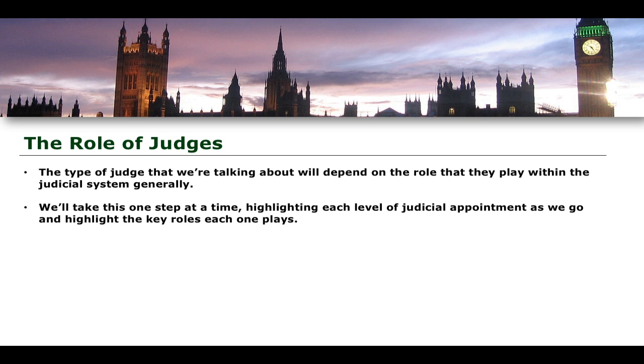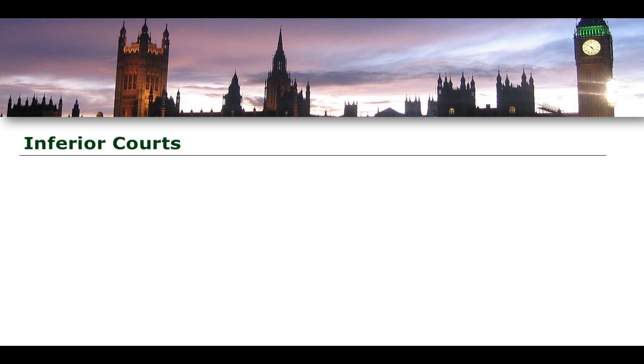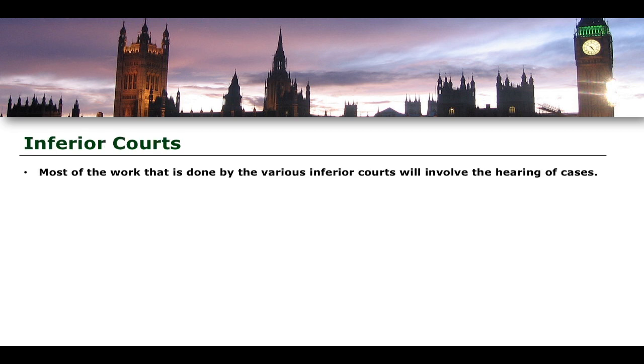So, for example, we took a look at the lower inferior judges, and then we also talked about the superior judges. What we're going to do in this lesson is essentially do the exact same thing, but instead of talking about the general structure, we will talk about the role that each of these judges plays in the judicial process itself, at each level of judicial appointment. So let's begin with inferior courts.